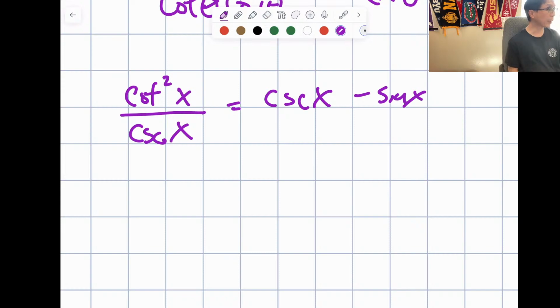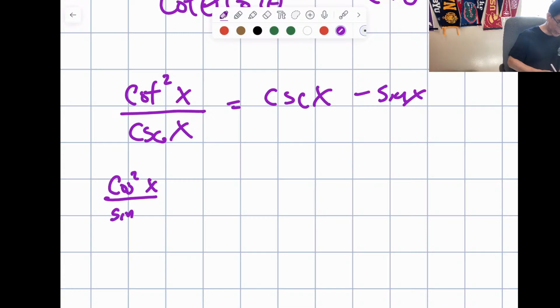Did anybody try this question? Yes? What did you do? The cotangent is cosine over sine, and then cosine squared over sine squared. Cosine squared of x over sine squared of x times 1 over cosecant of x, like this? I did the cosine over sine over 1 over sine. Over 1 over sine? Okay, that's fine.